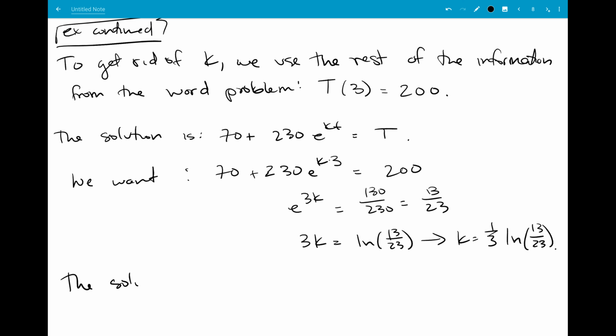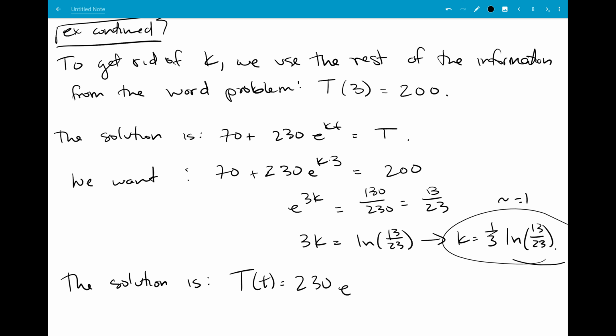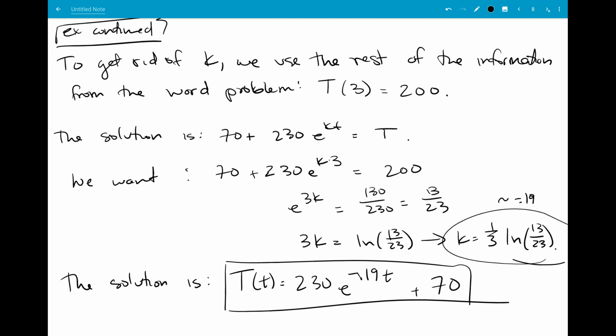So the solution is T of t is equal to 230 e to the kt, which I put in a calculator before, and it's about negative 0.19. So negative 0.19 times t, plus 70. And from that point, we've solved the whole differential equation.